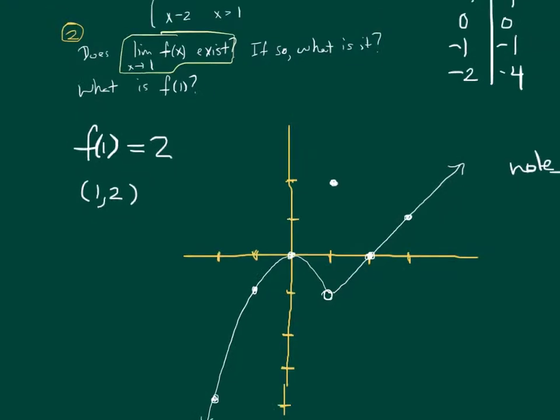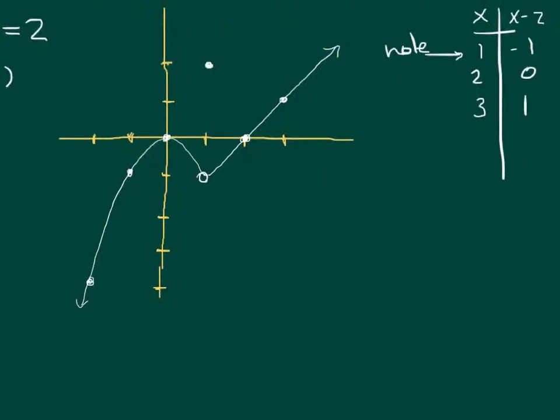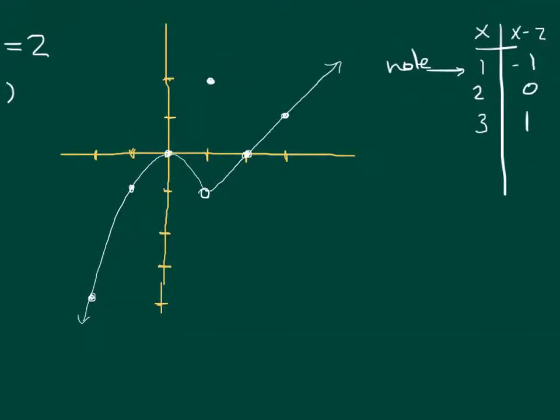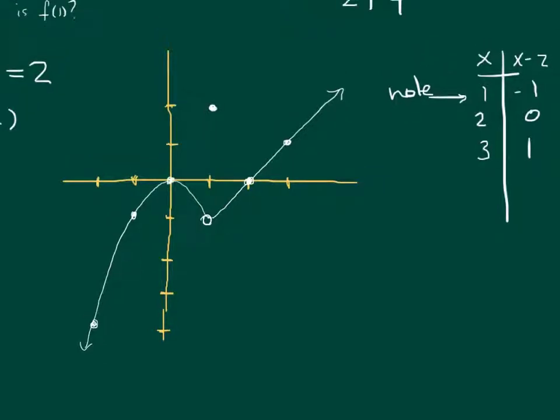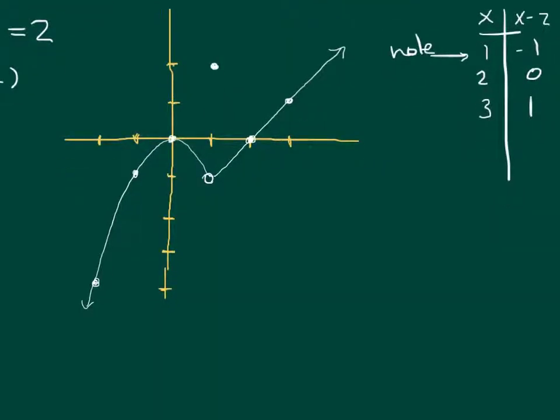Trust the process. Exactly. And what that means is we are going to have to look at the limit as x goes to 1 from the negative side of f of x, otherwise known as the left side, and the limit as x goes to 1 from the positive side, otherwise known as the right side.